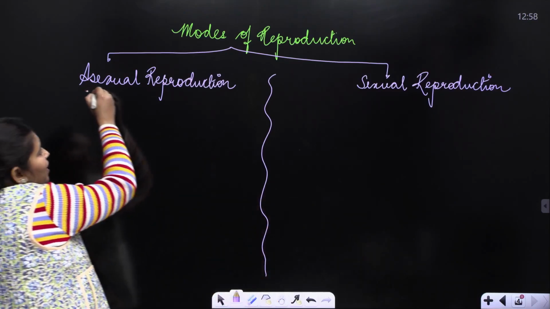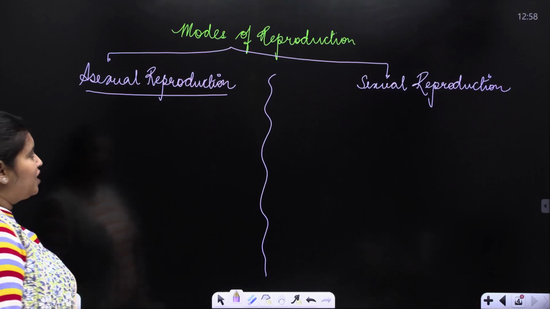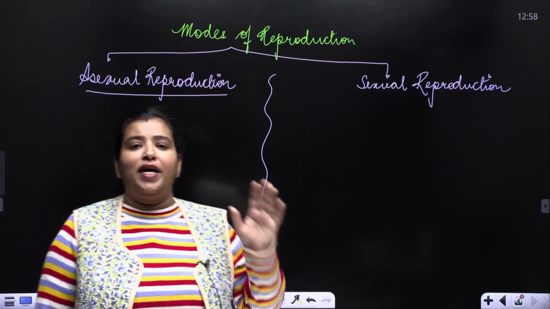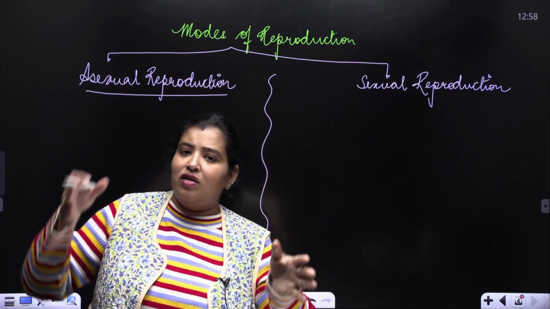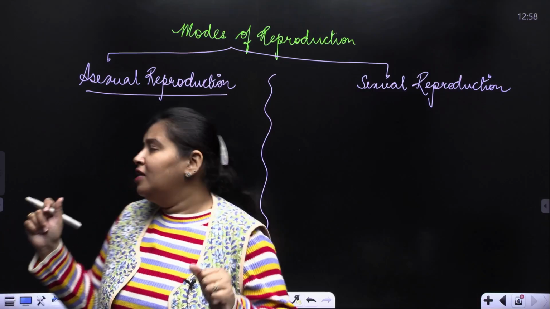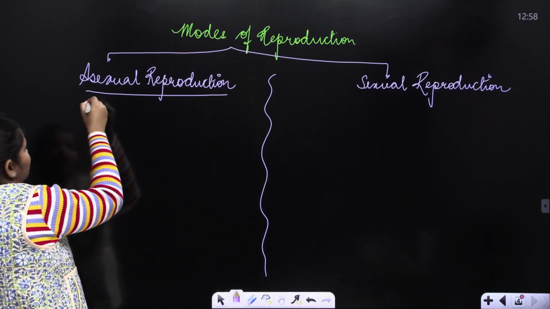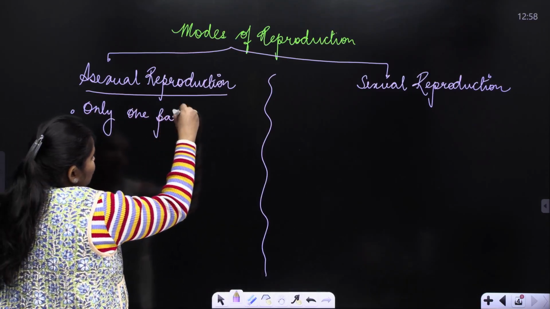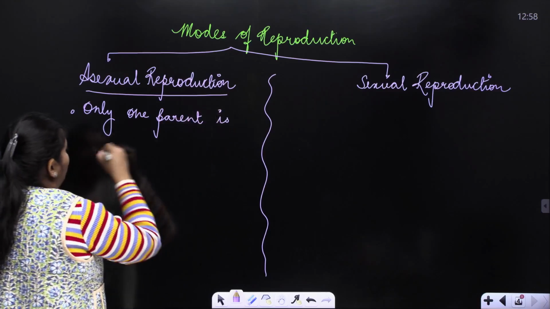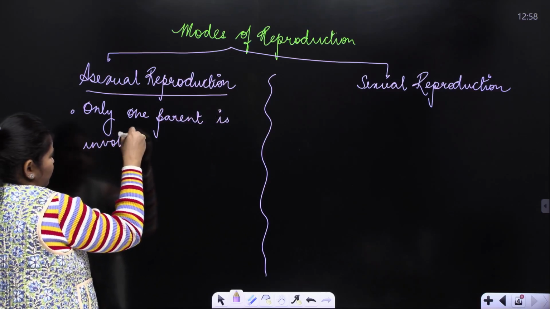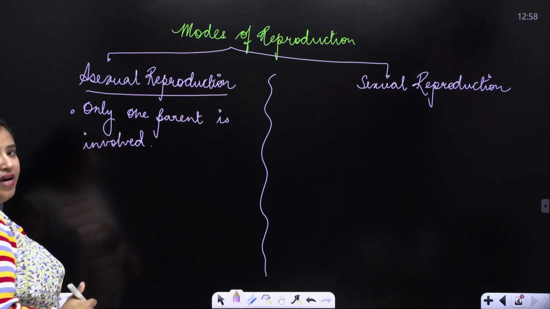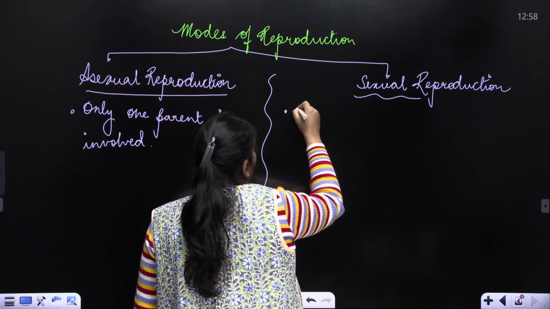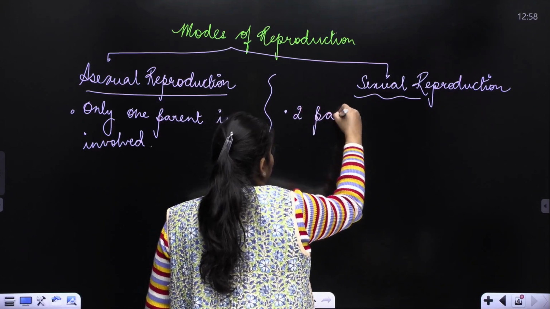Now, when I say the word asexual reproduction, asexual means there is no separate sex. There is no gender, there is no male, there is no female, there is no mother, there is no father. Right? So, when we say asexual reproduction, only one parent is involved. When I say sexual reproduction, this involves two parents.